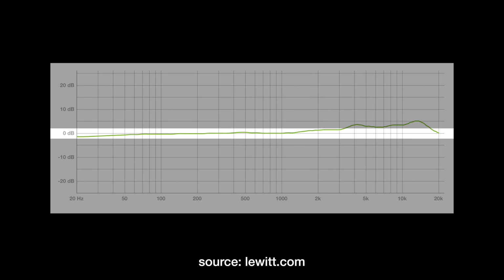Now let's look at the 0 decibel line on the y-axis. When this squiggly line is sitting on that 0 decibel line, that means the frequency is not being boosted or being cut. When the squiggly line is below this, that means the frequency is being cut, and that frequency is going to sound quieter.